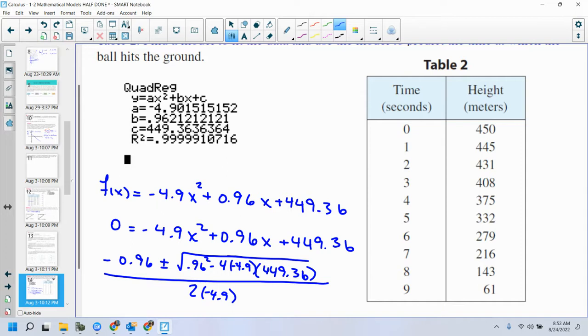Just messy decimals, right? I can do that. But we actually learned way back in Algebra 2 how to solve that without needing the quadratic formula.